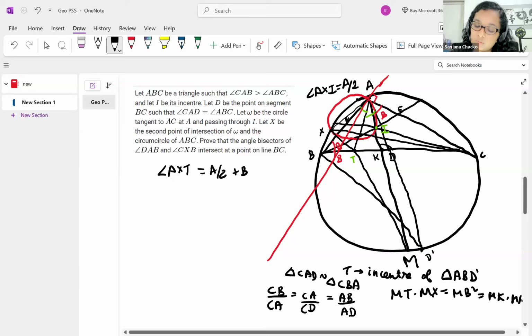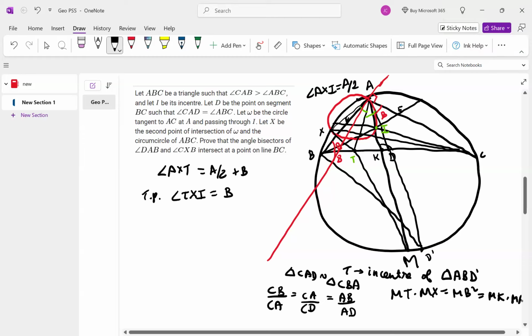And we want to prove AXI is A by 2. So we want to prove TXI is B. Wait, does this not mean you're assuming that T already lies on BC? No, we are taking T as this angle bisector point, and we are defining X as MT intersect the circumcircle. The angle bisector of which triangle again?